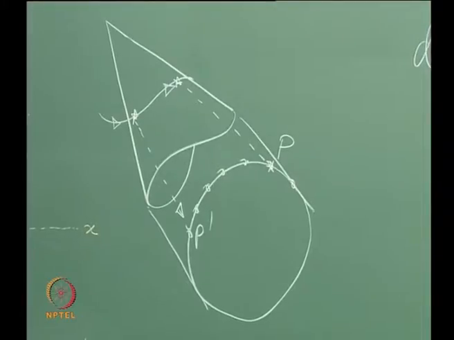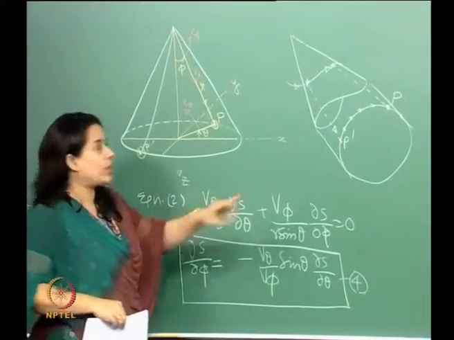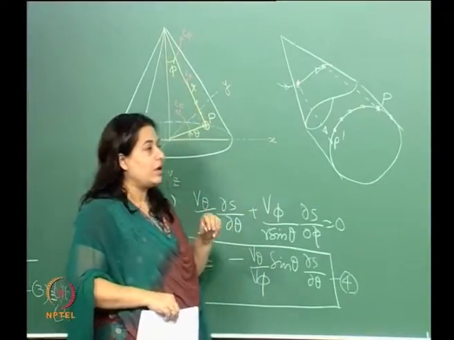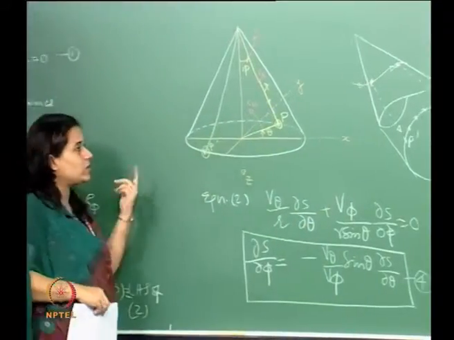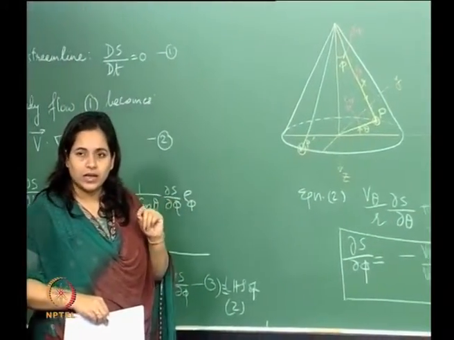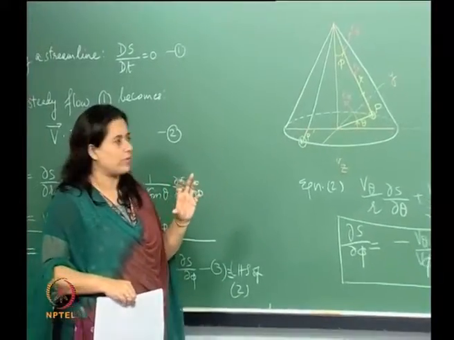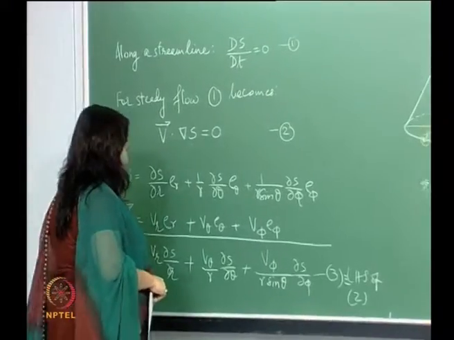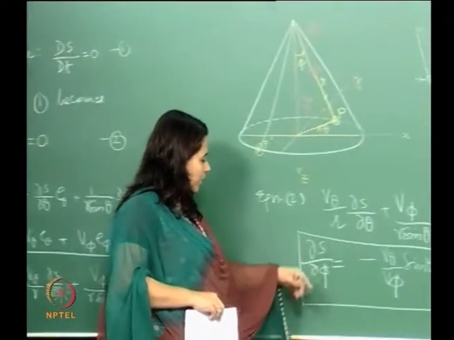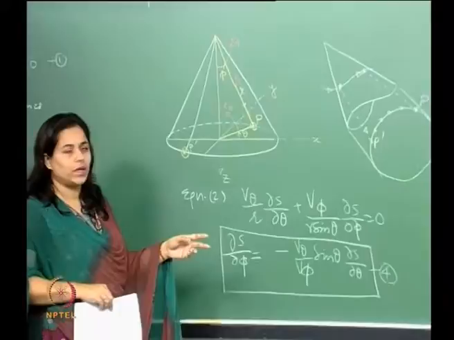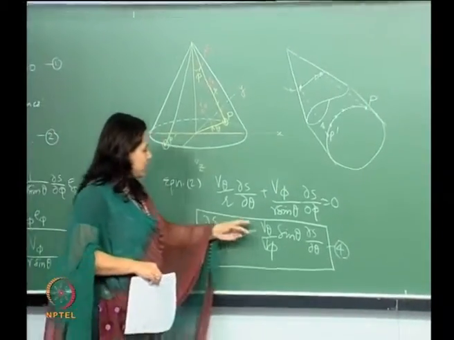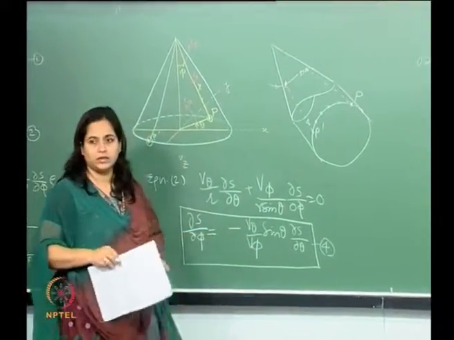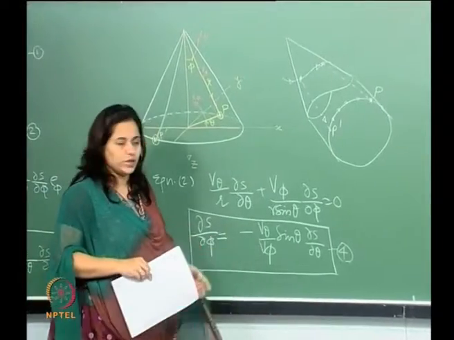There is a change in theta and phi when I go from here to there, but there is no change in the radial direction, the property still remains the same. So, we used this and wrote out the change in entropy in terms of the velocity in the theta and phi directions.